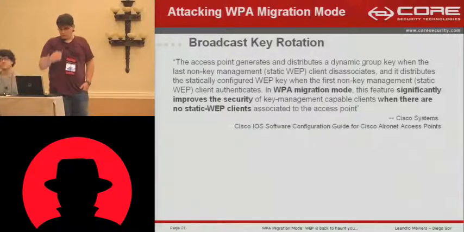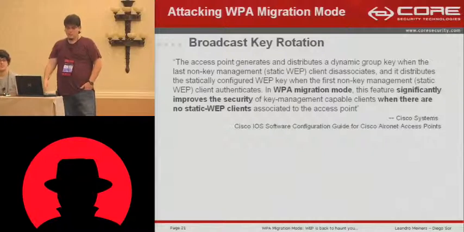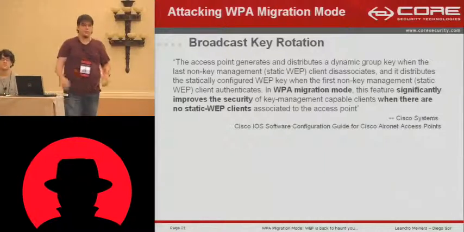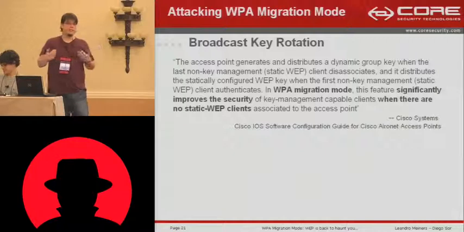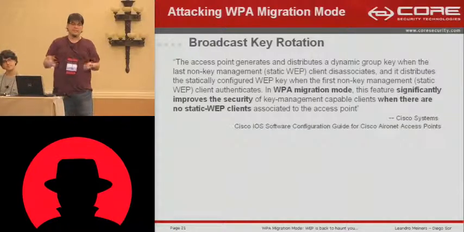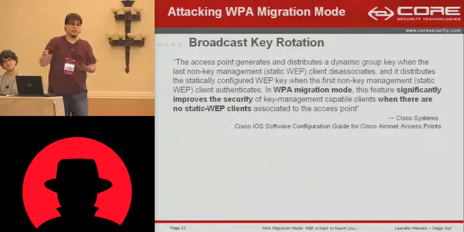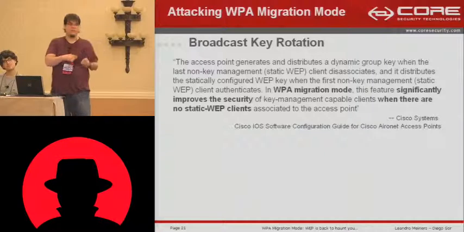So we started to look at what this broadcast key rotation did. The documentation says that when there are no longer any static WEP stations using the network, it dynamically generates a new broadcast key and sends it out to all the WPA stations, so that instead of using the statically configured WEP key, you're using a new random key.